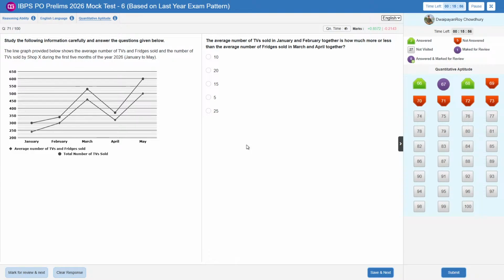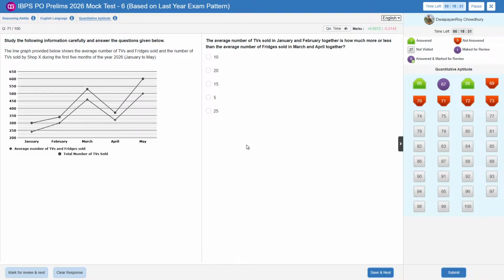So average is that one. So it's 240 times 2, then 300 times 2, then 460 times 2, then 320 times 2, then 500 times 2.